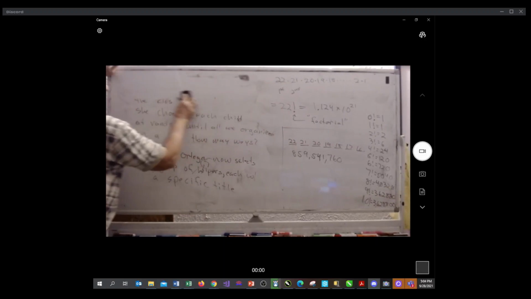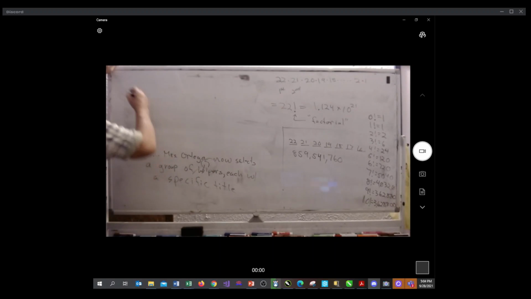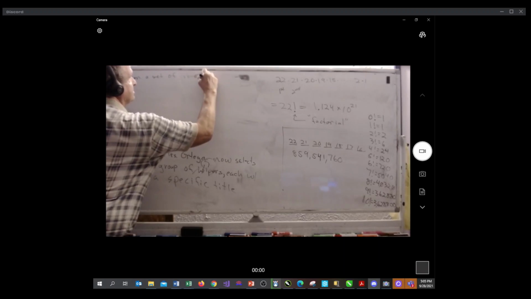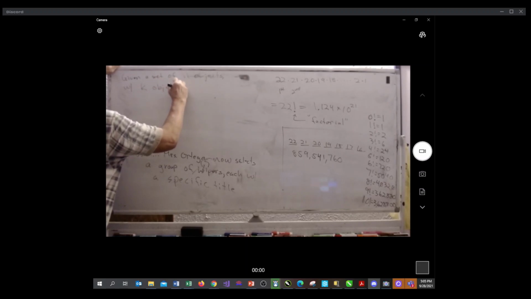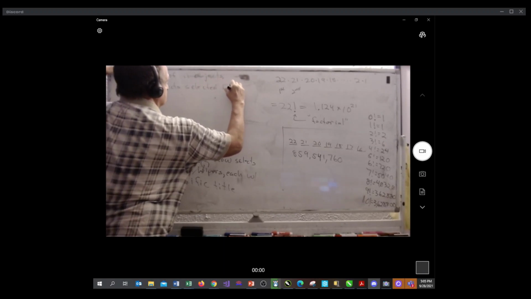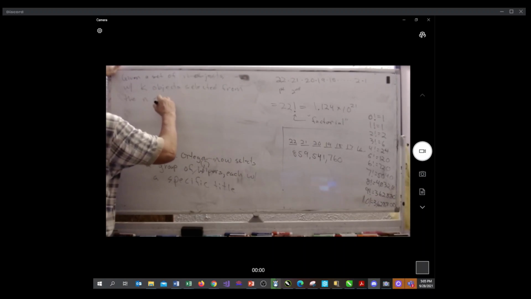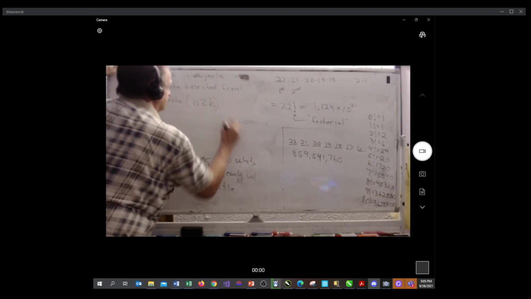We can approach this a different way. Given a set of n objects, in this case children, with k objects selected from the n. So clearly, n is greater than or equal to k, correct?